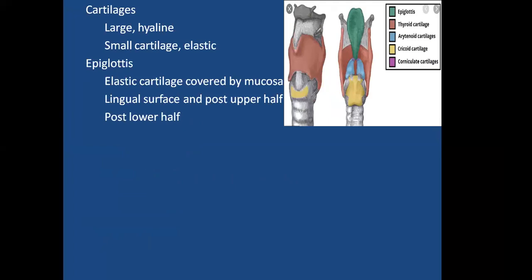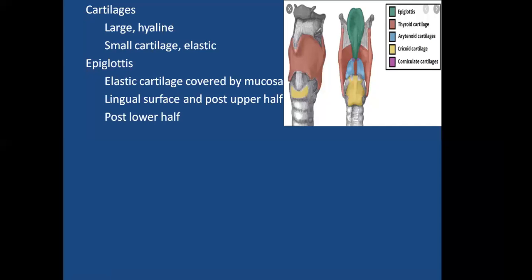The cartilages in the larynx are large and small cartilages. Now, the large cartilages are, if you focus here, this is the thyroid cartilage, and this is the cricoid cartilage. So the thyroid cartilage, cricoid cartilage, and the major part of the arytenoid cartilage are the large cartilages, and they are hyaline cartilages.